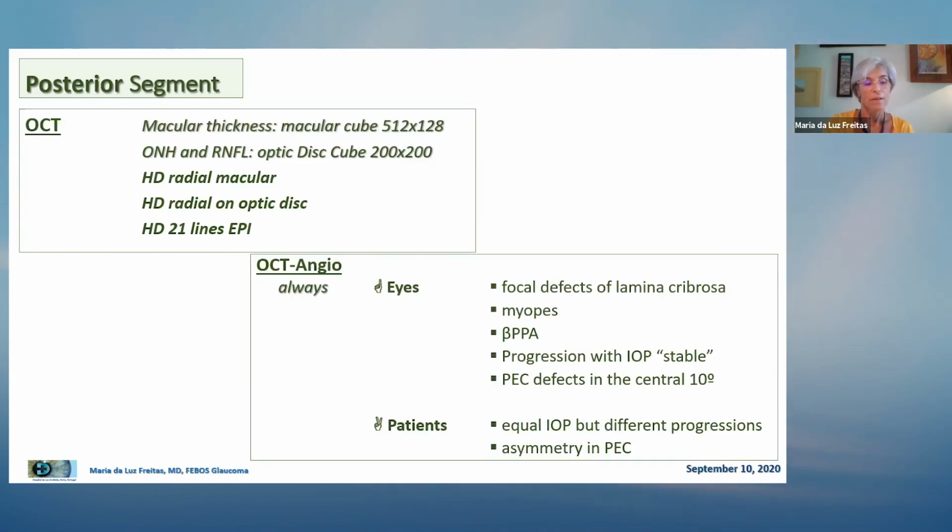And finally, the regular evaluation of the posterior pole with OCT and OCT angio nowadays is indisputable. OCT angio is useful in focal defects of the lamina cribrosa, myopic eyes, peripapillary atrophy, progression with stable IOP, and perimetric defects in the central 10 degrees. And also when the eyes of the same individual have different behaviors.